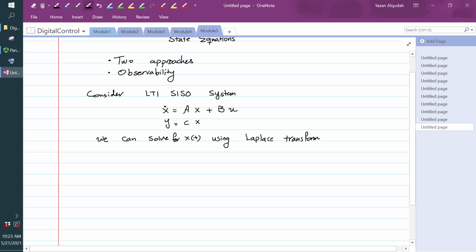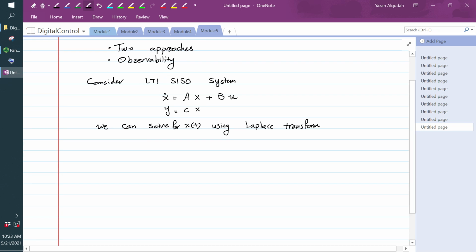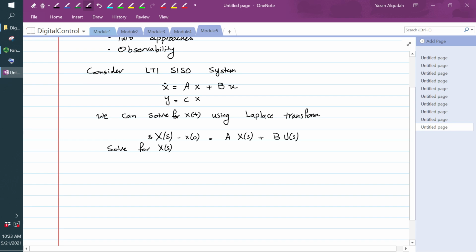And therefore, if I take the Laplace transform of the first equation, I'm going to get s multiplied by X of s minus x of 0 equal to A multiplied by X of s plus B multiplied by U of s. Now we can solve for X of s. Since we have X of s on both sides, I'm going to move A multiplied by X of s to the other side. So I'm going to get s multiplied by X of s, which I can write as s multiplied by I multiplied by X of s.